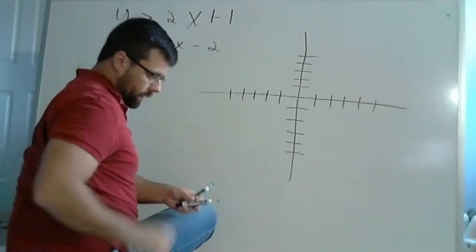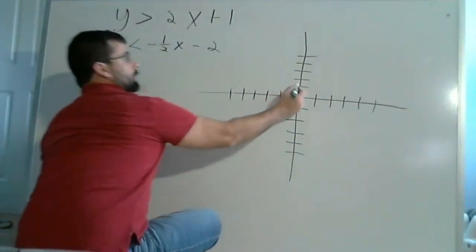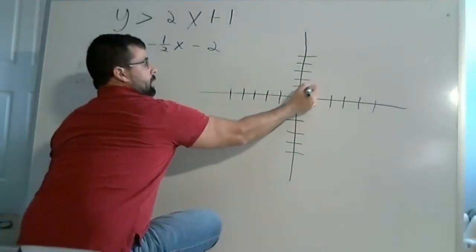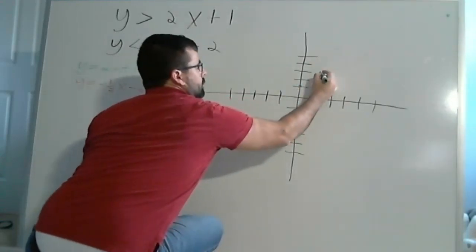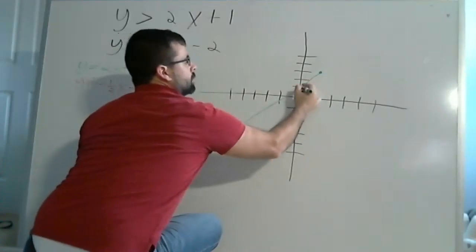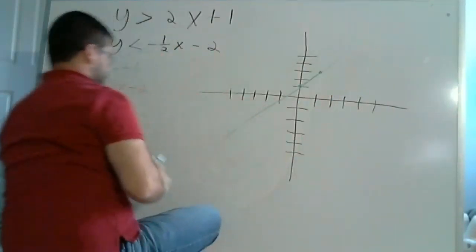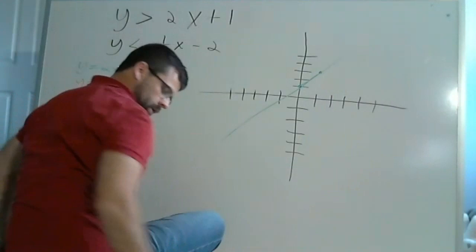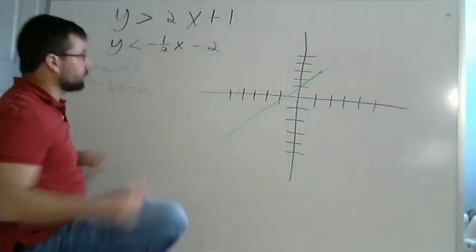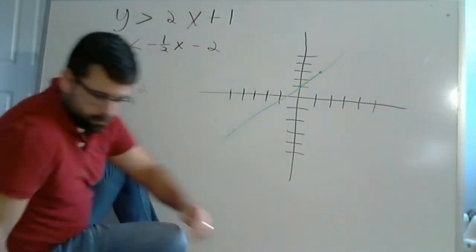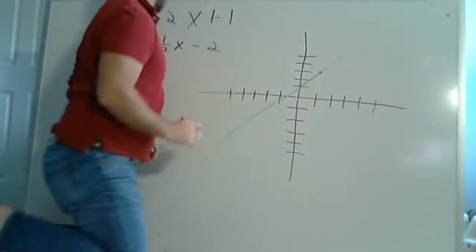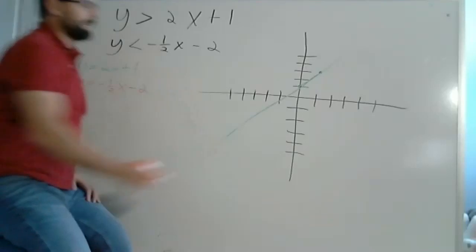So graph the green one again. And the red one. So the y-intercept is negative 2.